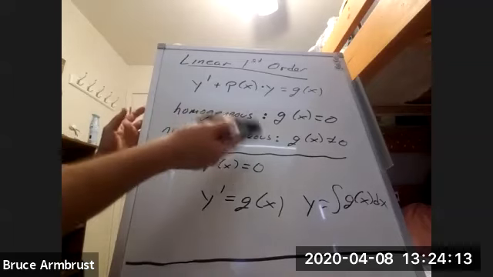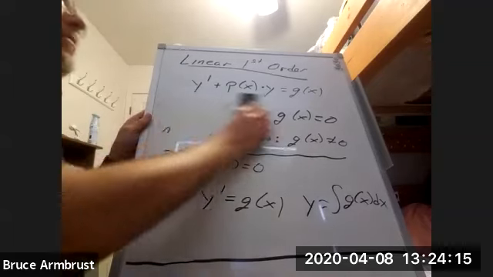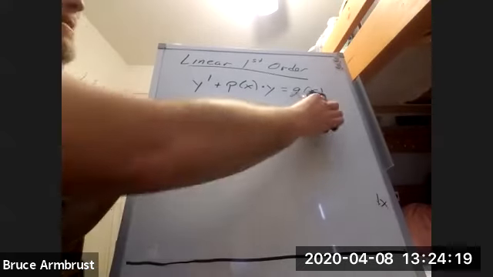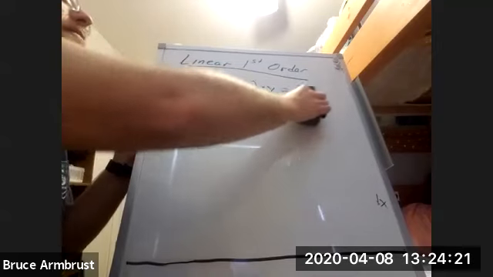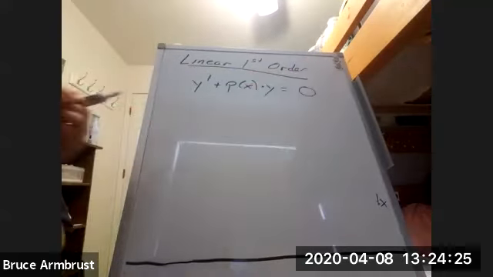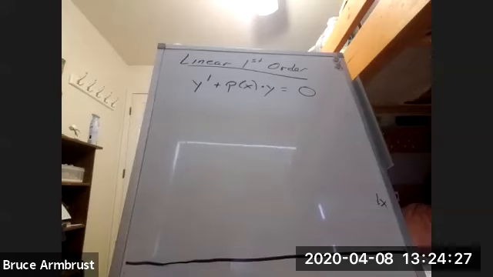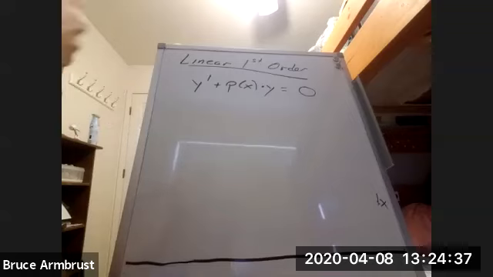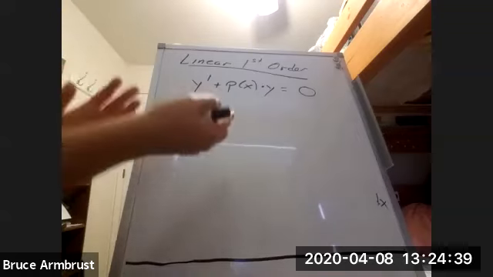So let's go with homogeneous first. We're going to go with these guys that look like y prime plus P of x times y equals 0. All right. So let's think about how we're going to solve these, and let's even start with one that is kind of easy.